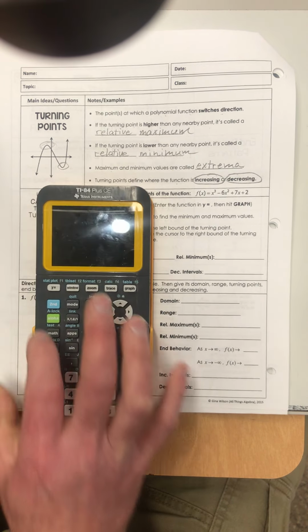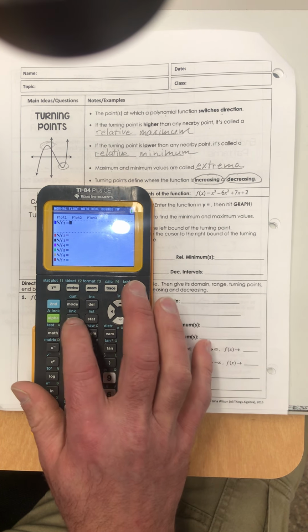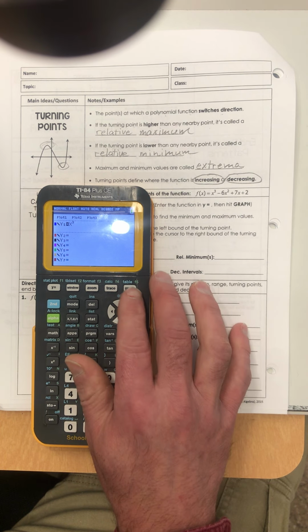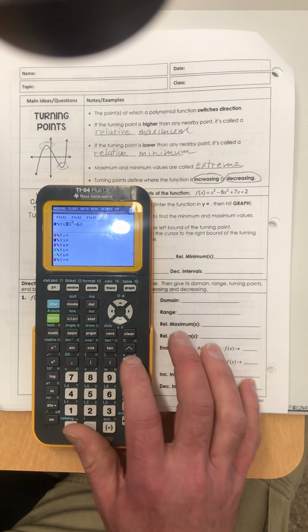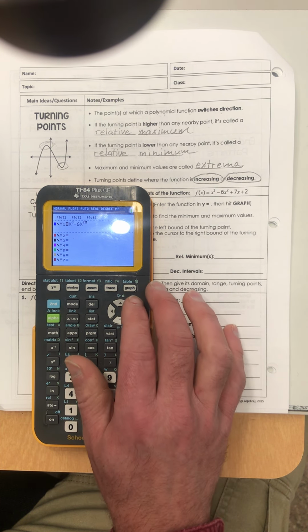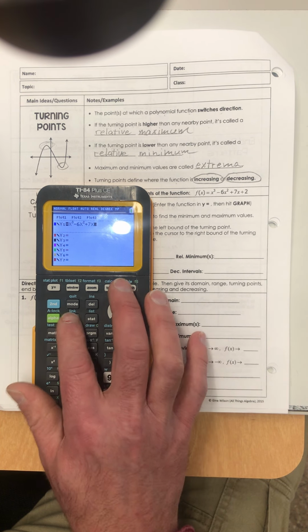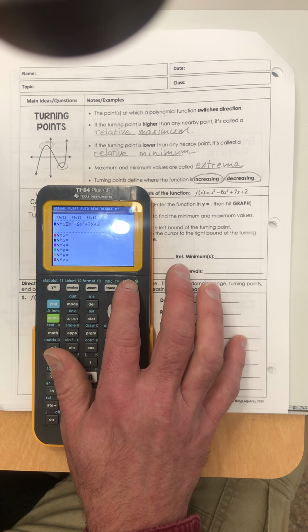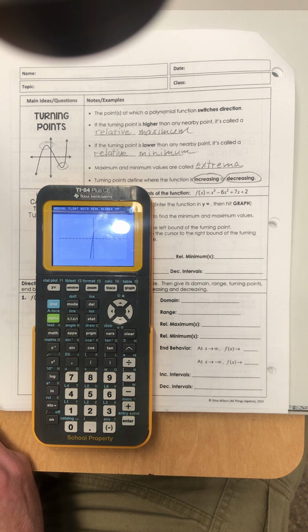So let's plug it in. x to the third minus 6x squared plus 7x plus 2. And we're going to graph it. And it gives us some curves, right?